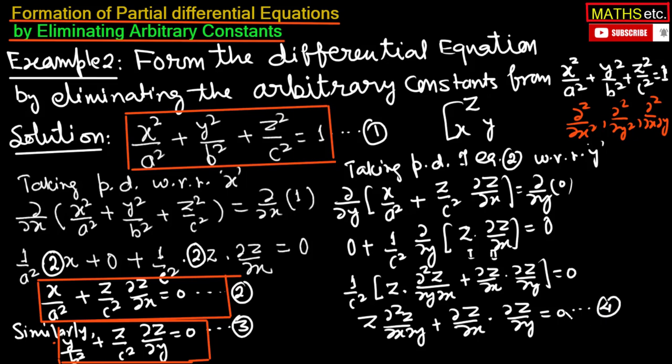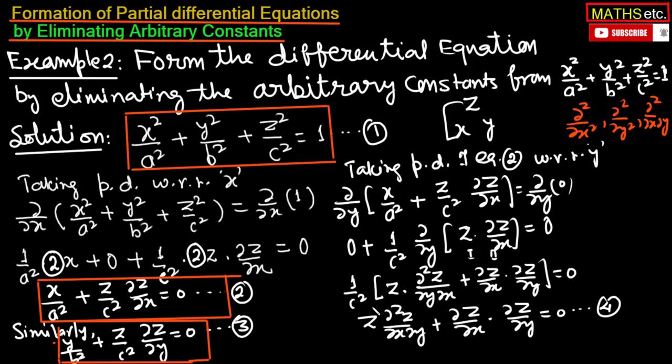But it's very good that equation 4 does not involve any arbitrary constants. So this is the required partial differential equation, right? Like example one, we don't have to substitute a, b, c into equation number 1. Already while taking this partial derivative with respect to y, all the rest of the arbitrary constants have got eliminated.